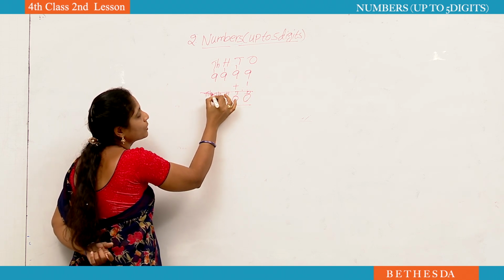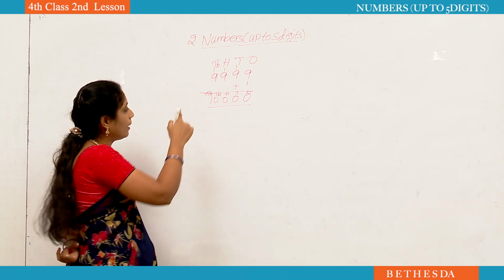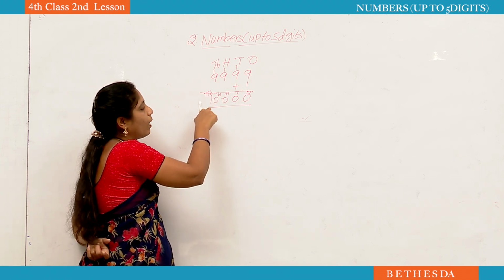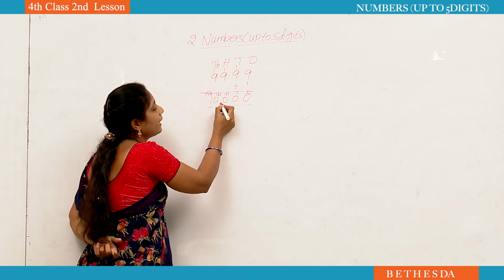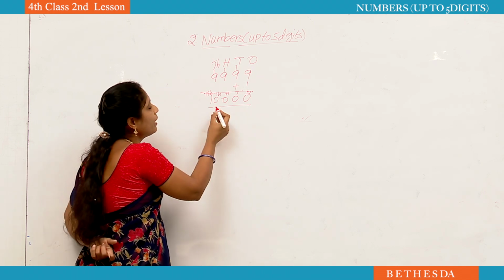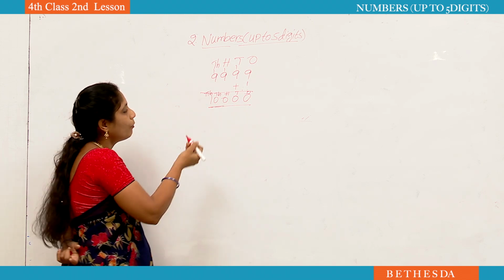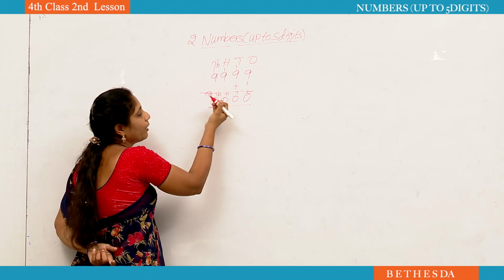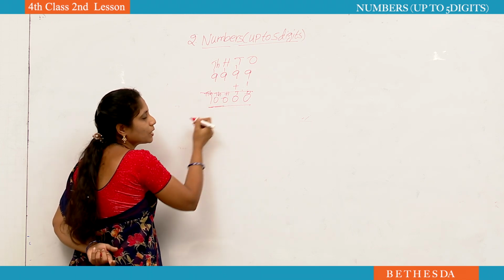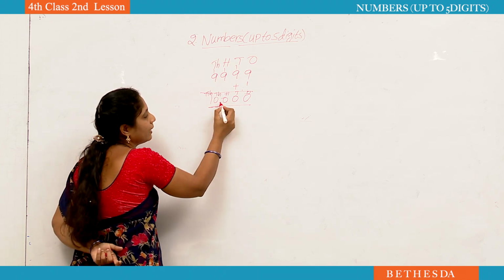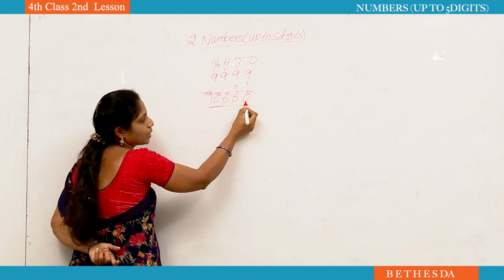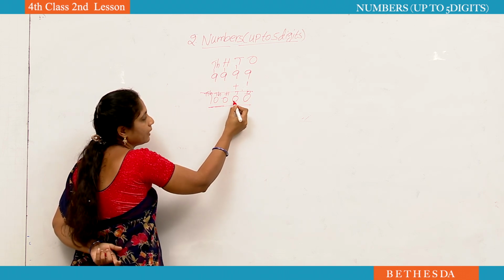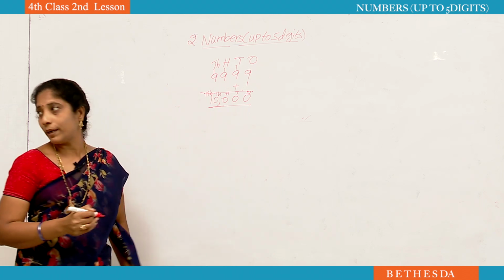See here, place-wise, ones, tens, hundreds, thousands. After that, in the 10,000's place we have 1. Now how to read this number? 10,000. While we are writing a 5-digit number, we have to keep a comma after the ones period. What is the ones period, teacher? You can ask like that. I will explain with a table: ones, tens, hundreds, and after that we have to keep a comma.